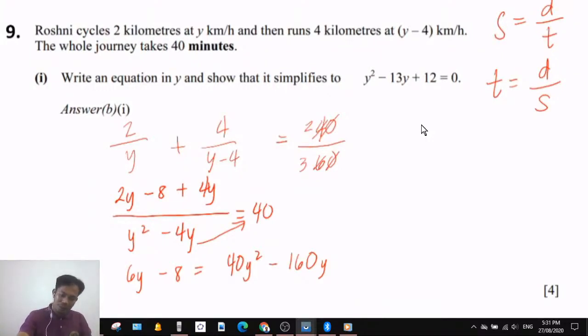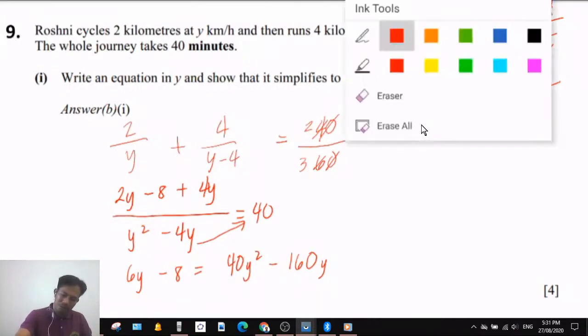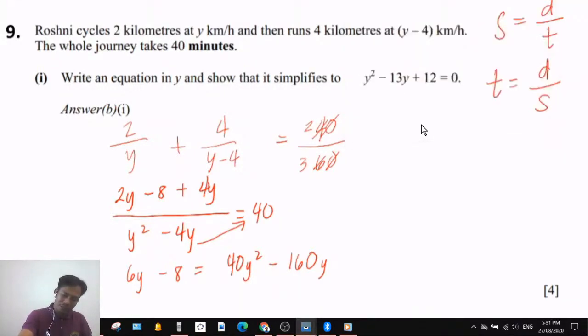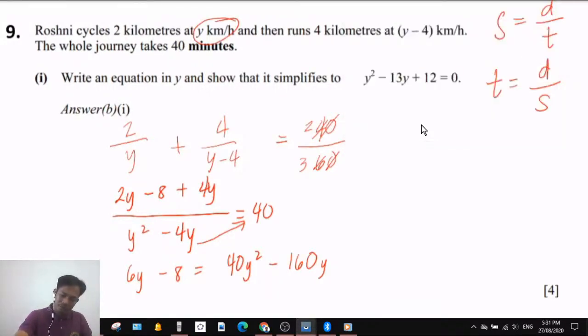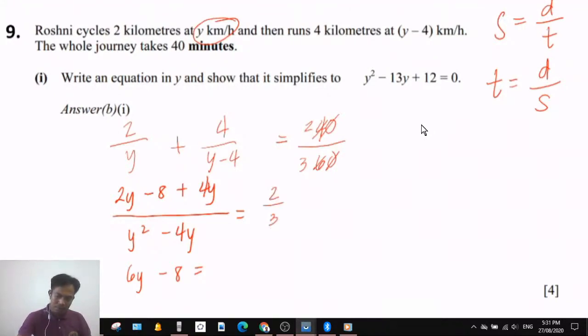Why did I do that again? Because I am working with minutes, 40 minutes, and you will notice that this is kilometers per hour. So this one should be 2 over 3.